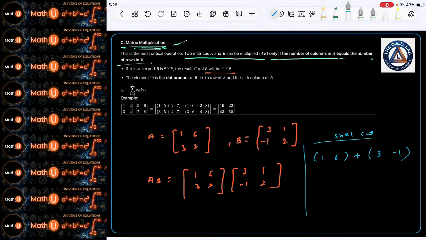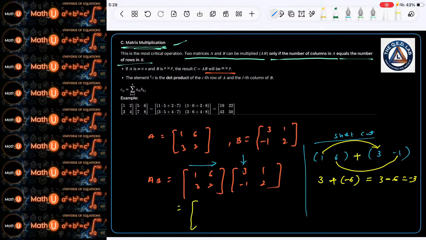Then multiply 1 into 3, we get 3, plus 6 into minus 1 we get minus 6. If you simplify this, we get 3 minus 6, which is minus 3. Then in this position, the first element is minus 3.